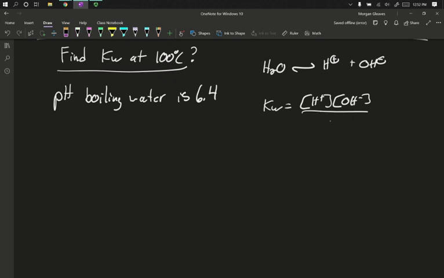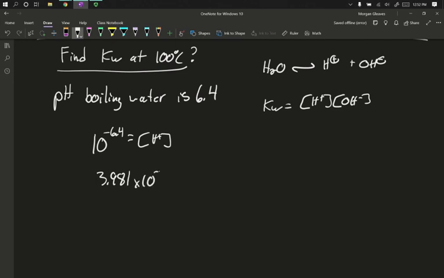And really our Kw just becomes equal to the H+ times the OH-. Well, for a pH in boiling water to be 6.4, I can find that H+. 10 to the minus 6.4 has to equal our H+ concentration.